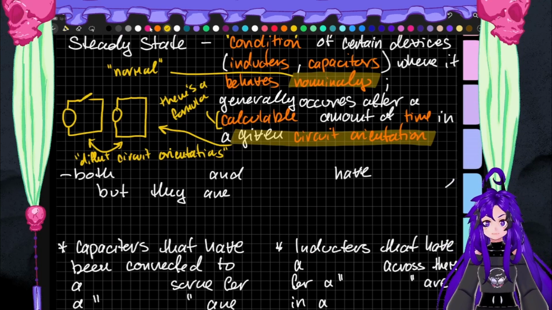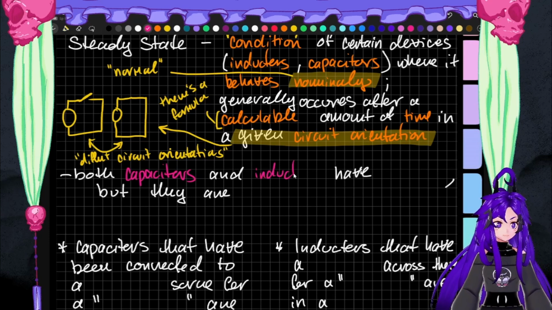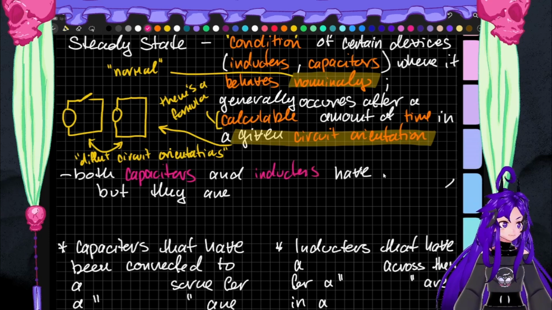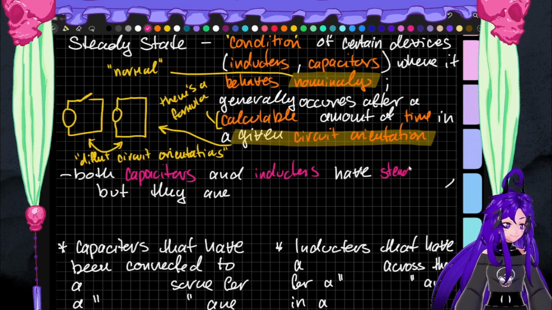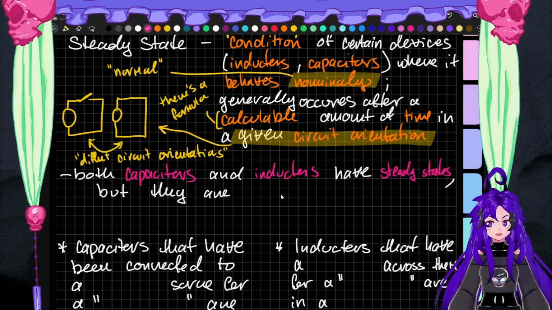So, both capacitors and inductors have steady states. But they have them, but they're slightly different.